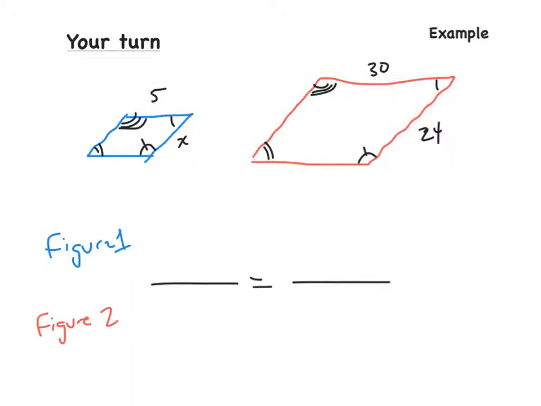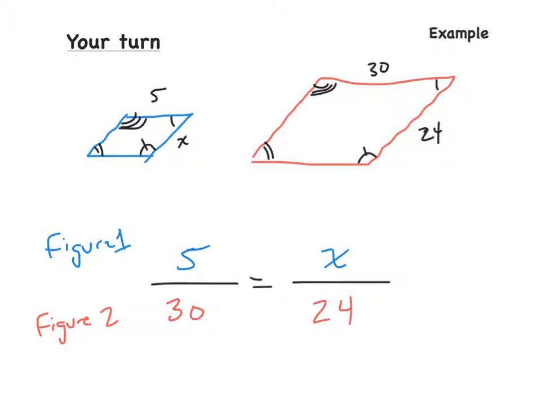If we have 5 in figure 1, the corresponding side for 5 is 30. Now I'm going to stick with figure 1 and place in x. The corresponding side in the larger one is 24.